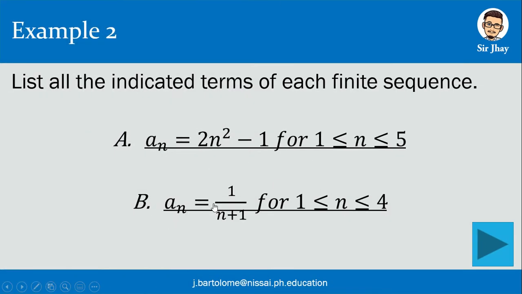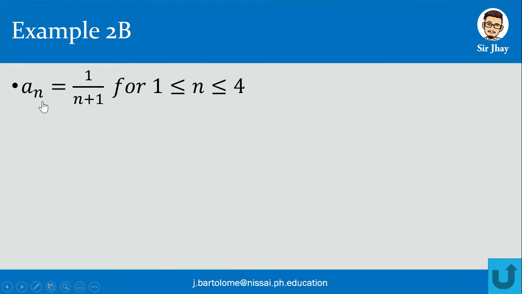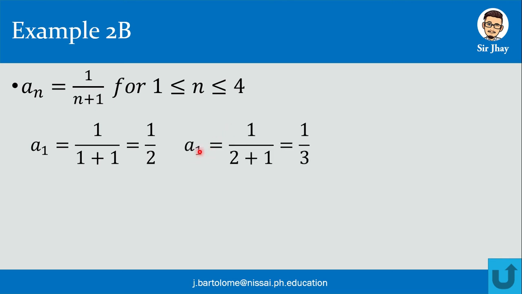How about the second one? We have a sub n equals 1 over n plus 1 for values of n greater than or equal to 1 but less than or equal to 4. Now we have a sub 1 equals 1 over 1 plus 1, which is 1/2. Then a sub 2 equals 1 over 2 plus 1, which is 1/3.